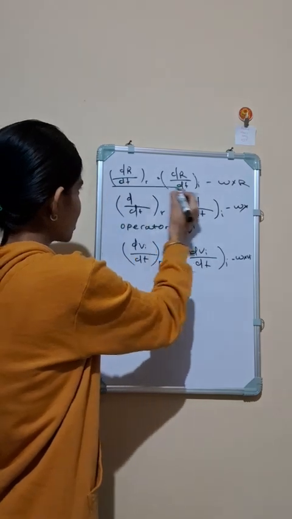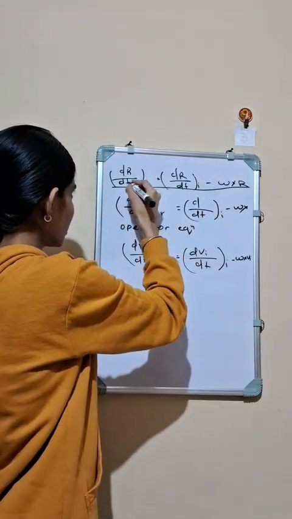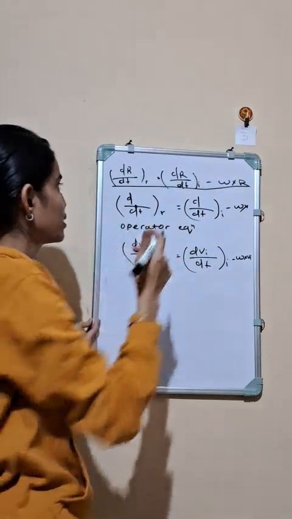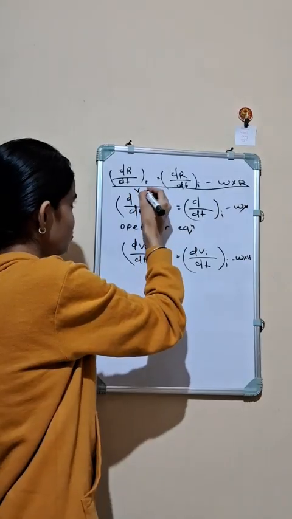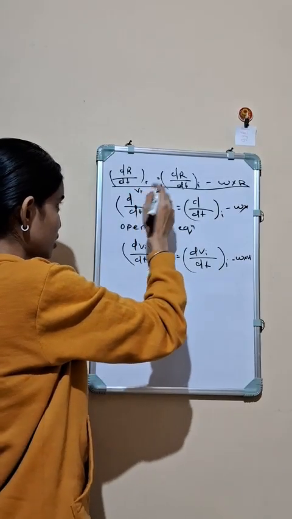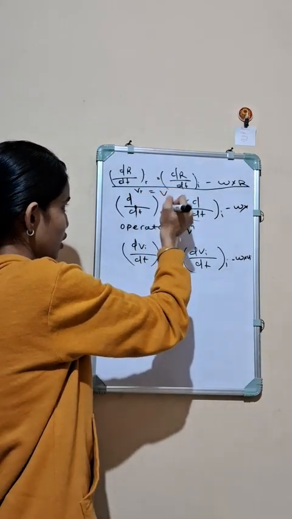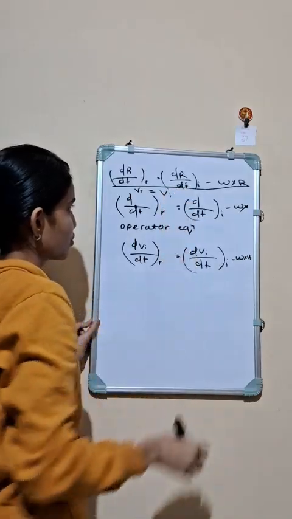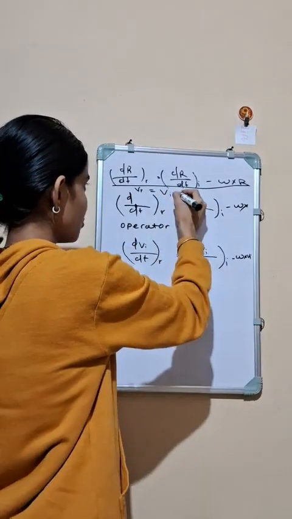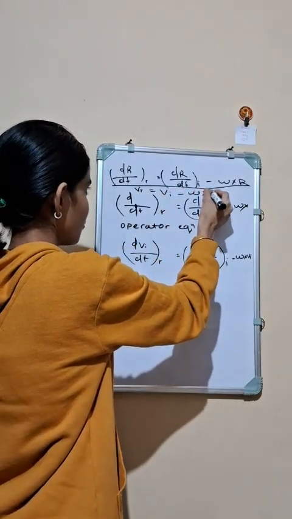From this equation, you can say that dr by dt is velocity, right? So velocity from the rotational reference frame equals velocity as seen from the inertial reference frame, minus omega cross r.